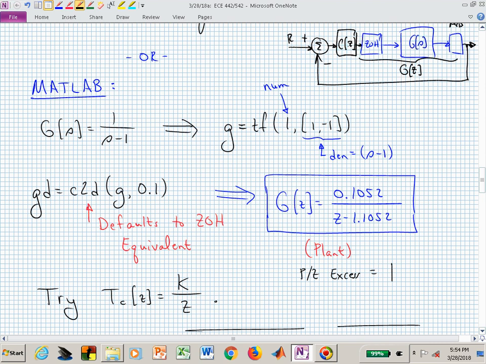So here I'm giving you a big hint. Try to use this, T sub C of Z, as your desired closed loop transfer function. And what you're trying to do now is figure out, can I find one unknown, capital K, based on the design specifications? That's problem 3. Trying to find K. Where's K? So you find K, and you're done.